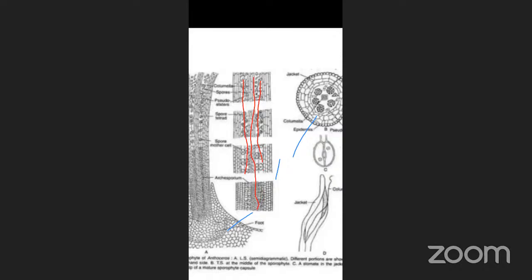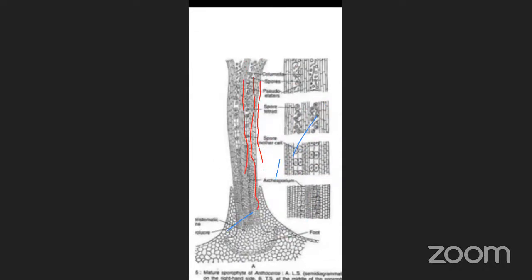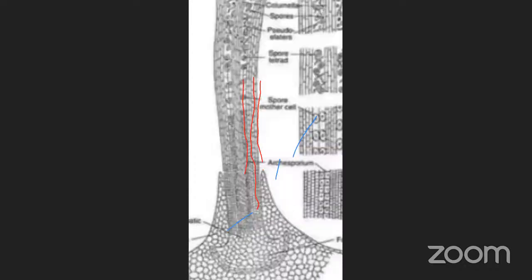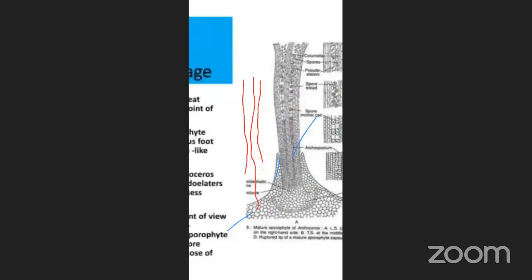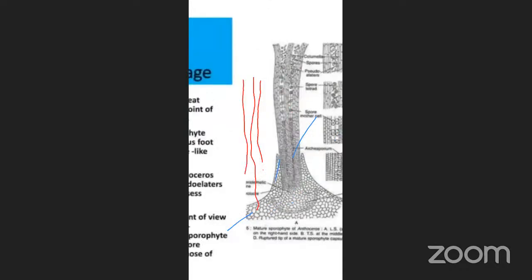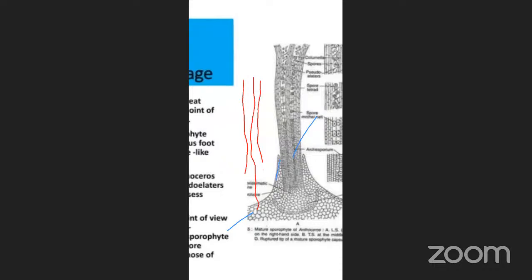The jacket layers contain chloroplasts, and stomata are also present. The jacket, the outer layer of the capsule, has stomata and parenchyma tissue with chlorophyll, nothing but chlorenchyma, in the outer area of the capsule.